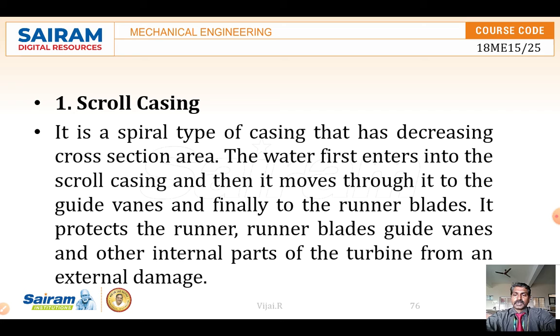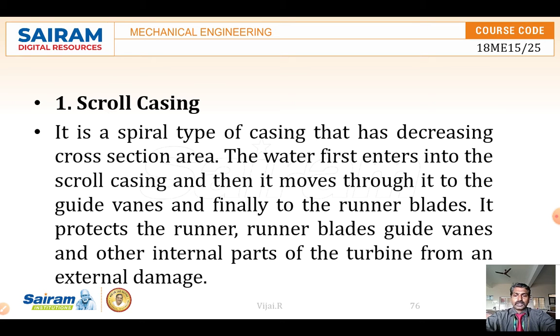First is always the scroll casing, the case which covers the components inside, mainly the blades and the shaft. The casing normally avoids spilling of water outside, and here the design is a spiral casing.